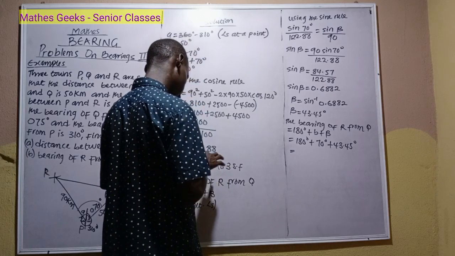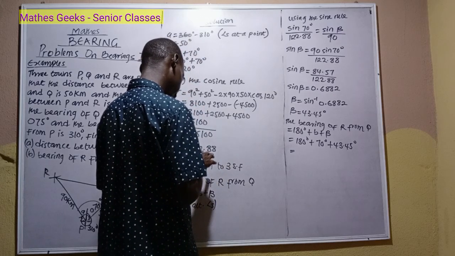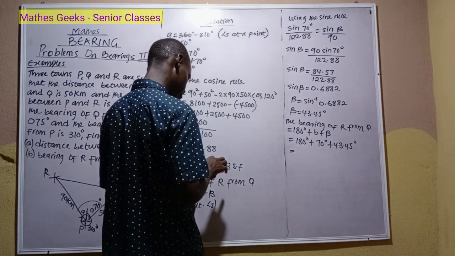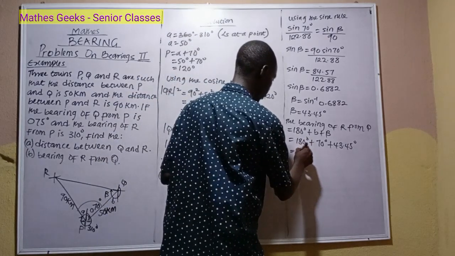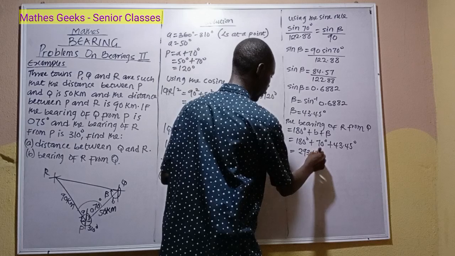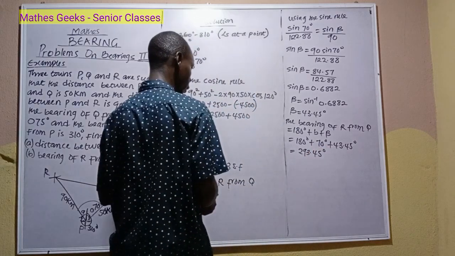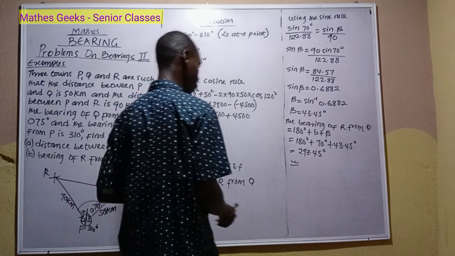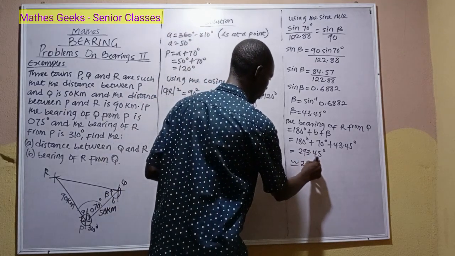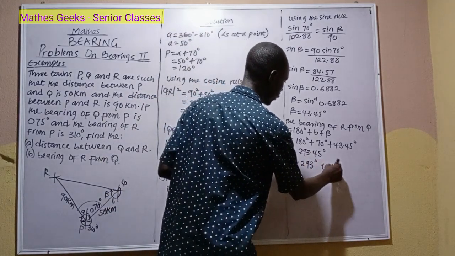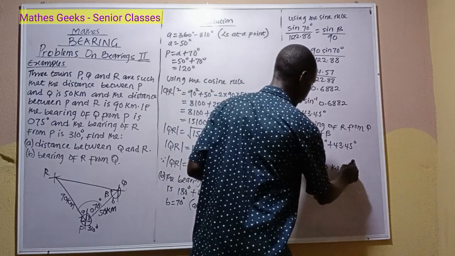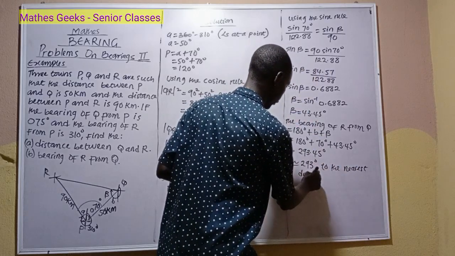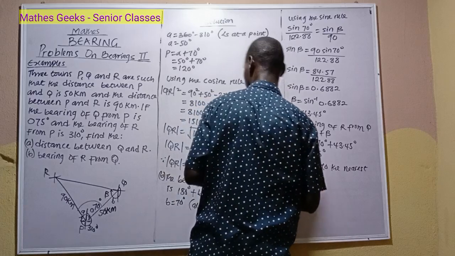So 180 plus 70 plus 43.45 is 293.45 degrees. Approximately, to the nearest degree, that will give us 293 degrees.